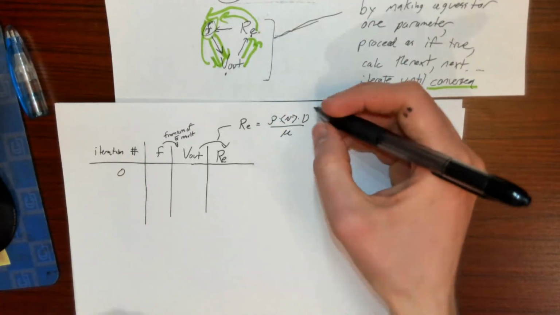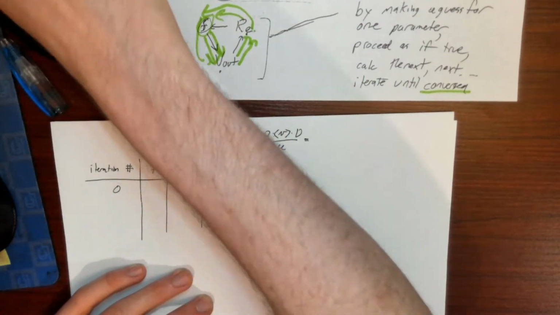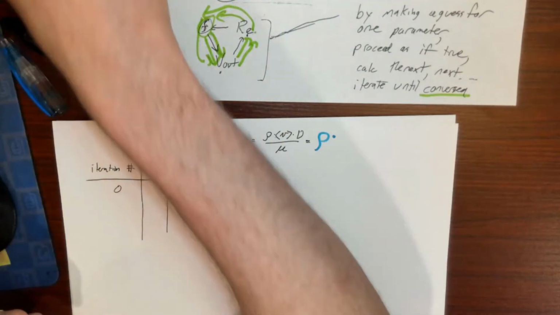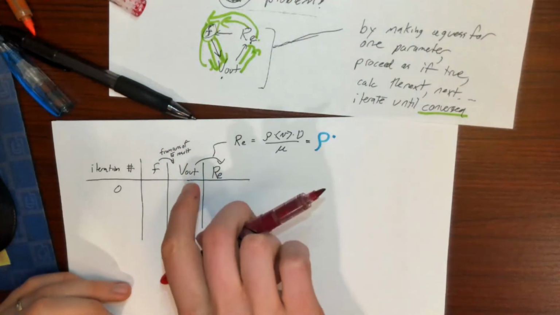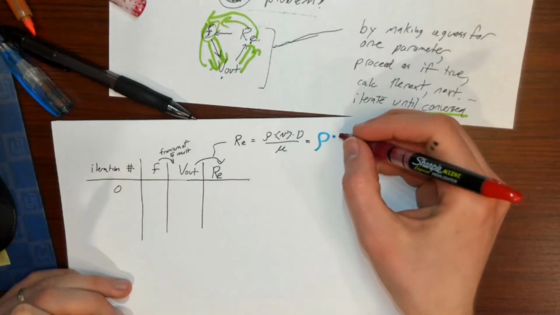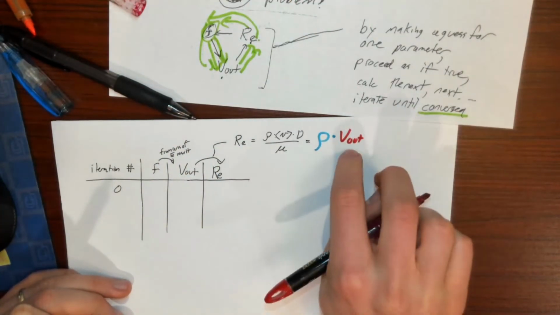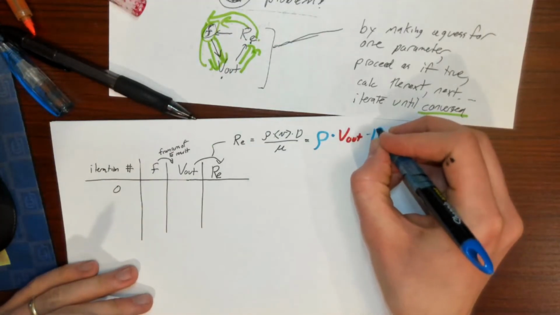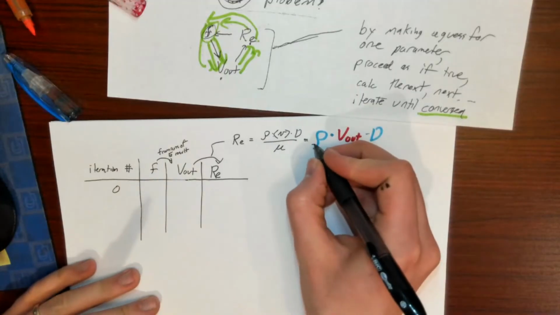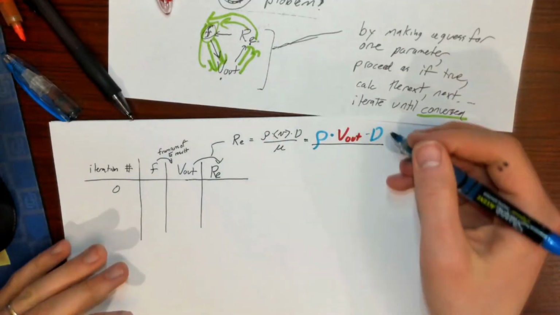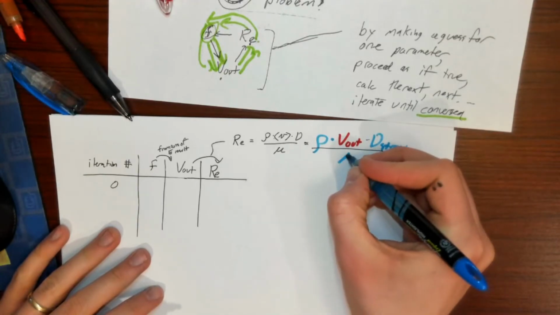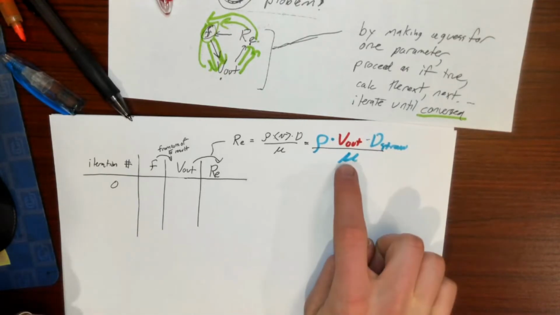In this case, it would be equal to our known rho times our current guess for Vout, times the diameter of the straw, all divided by the viscosity of the fluid.